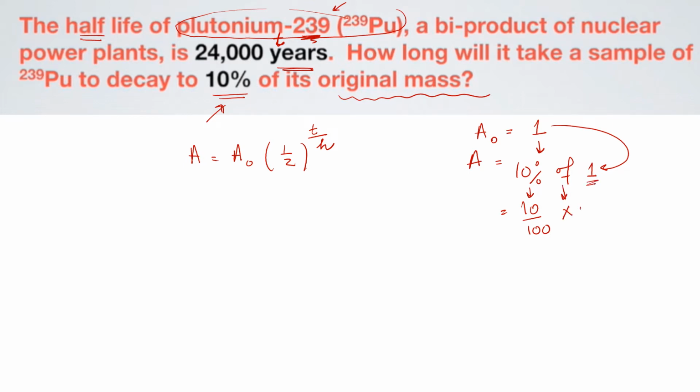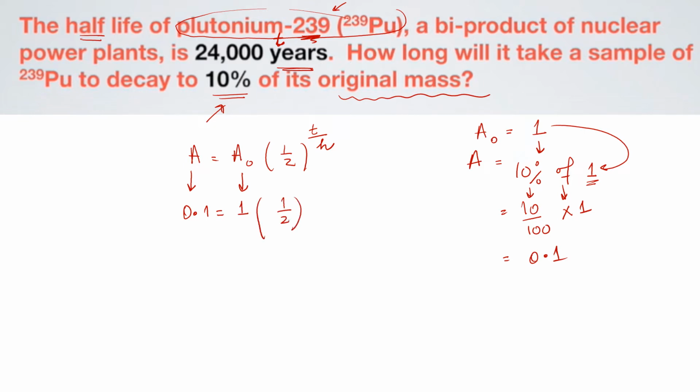Anything multiplied by 1 gives the same value. 10 divided by 100 gives me 0.1. So my A will be 0.1, whereas my A naught will be 1, which I assumed, times half.